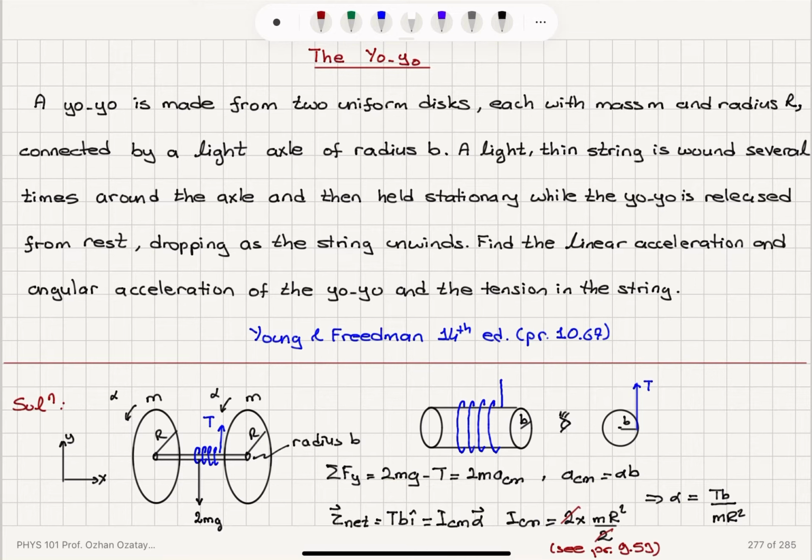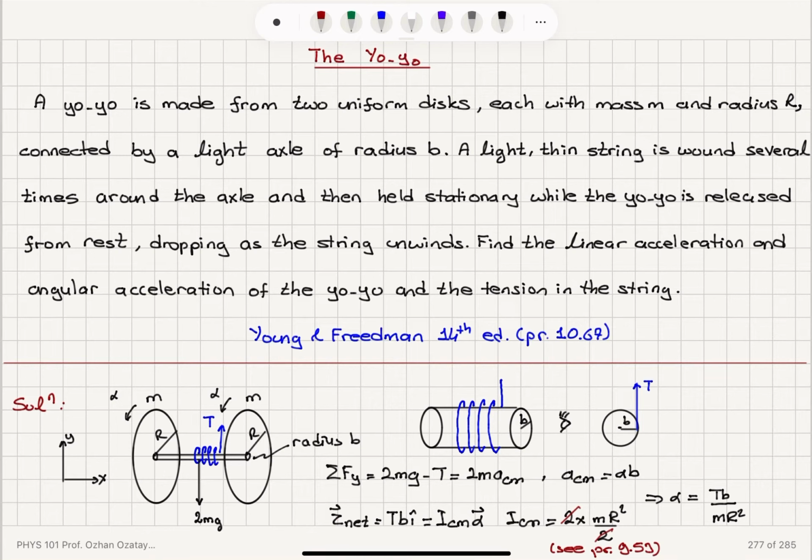So 2mg minus T will be 2m times acceleration of the center of mass. And at the same time, we have acceleration of the center of mass related to the angular acceleration alpha as alpha times b. So we will have the linear acceleration related to the angular acceleration.